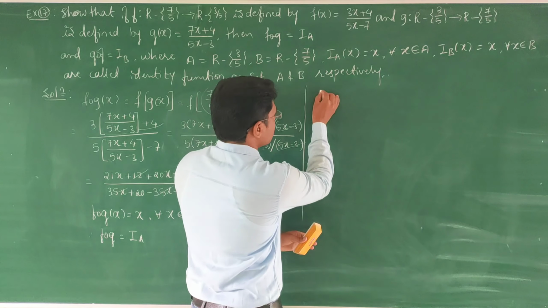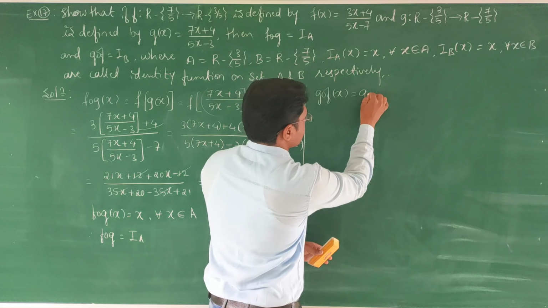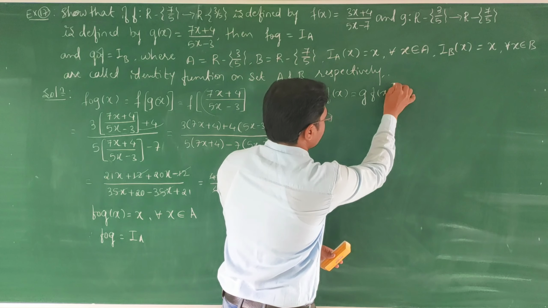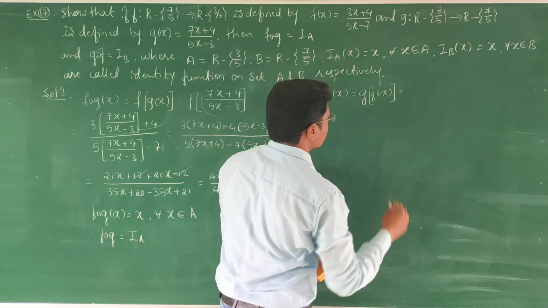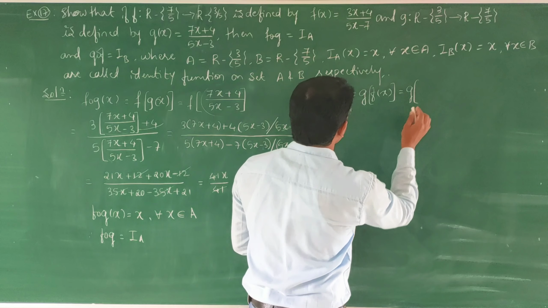Now f o g of x, that is f of g of x, is equal to f of g of x.